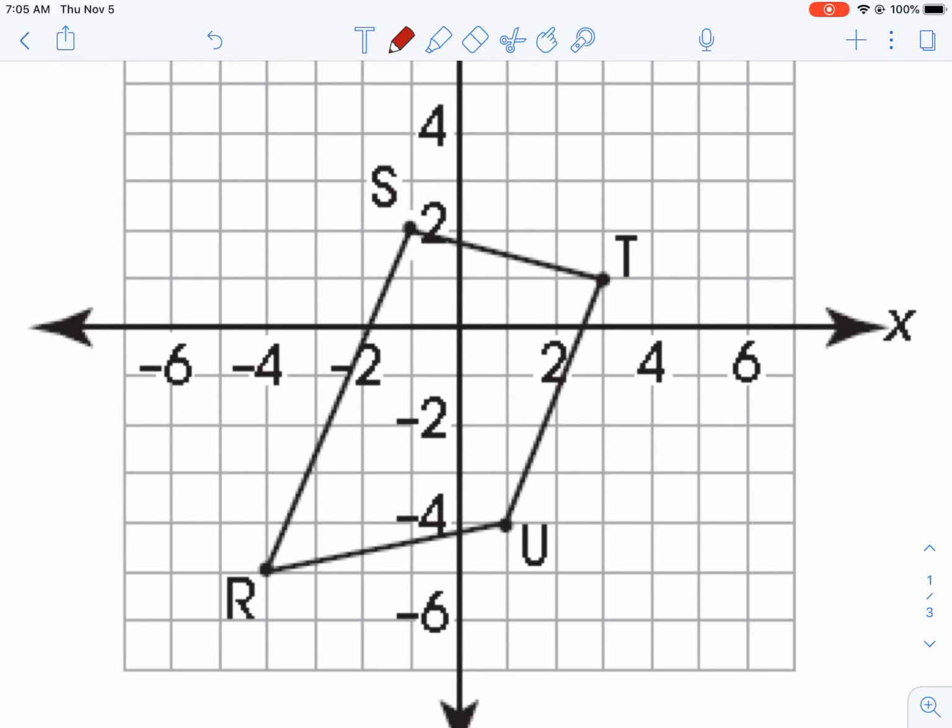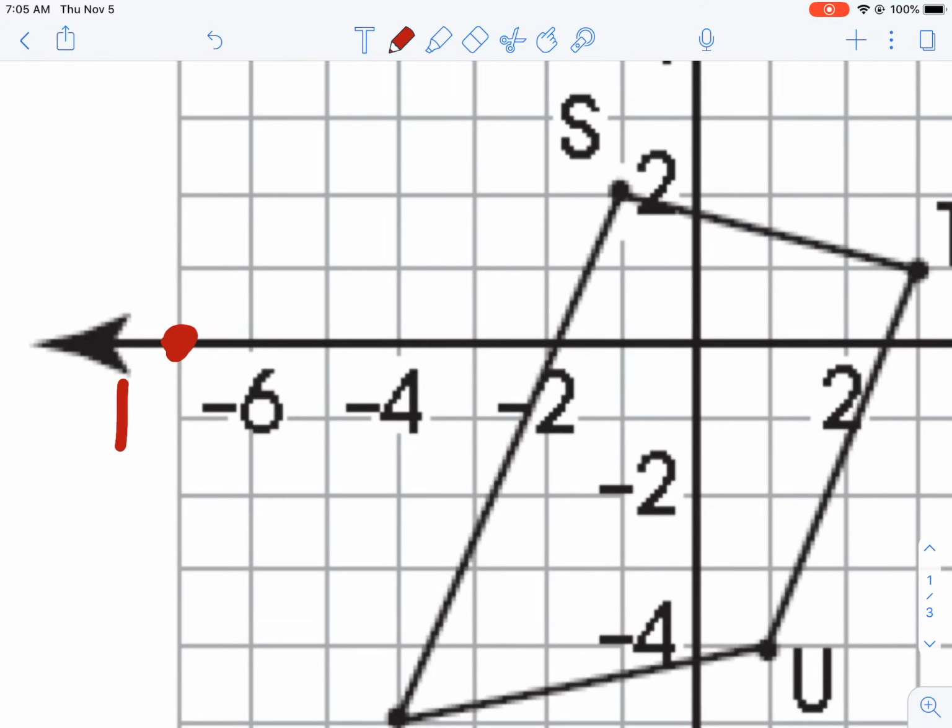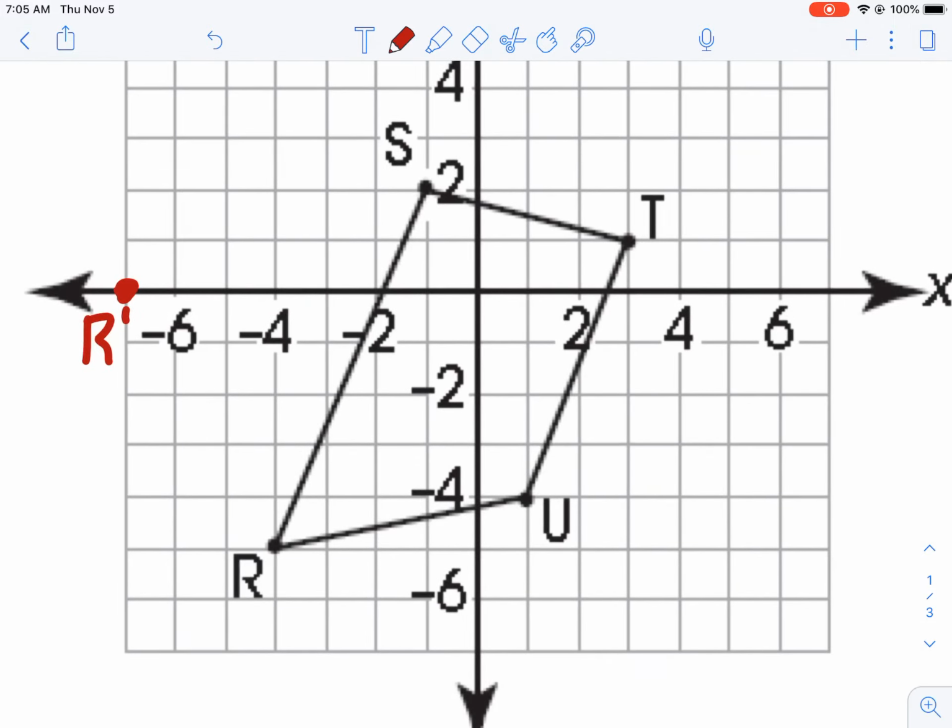All right, so I'm going to start at R. I'm going to go 1, 2, 3. And then I'm going to go 5 units up. 1, 2, 3, 4, 5. So this is our new point, all right? And we're actually going to label this R prime. Okay, that's how you can say it's been transformed. You put a little apostrophe up there, and we just pronounce that prime, okay?